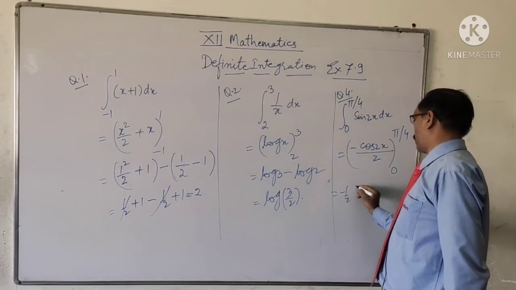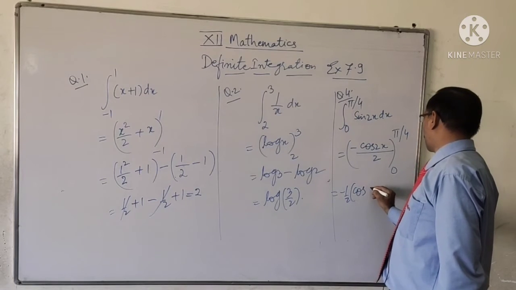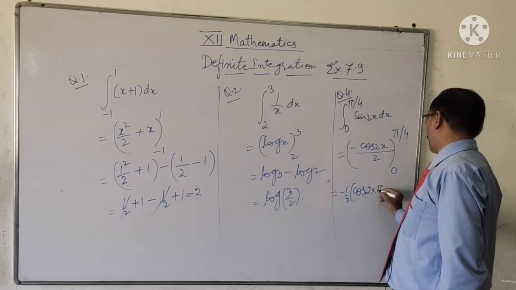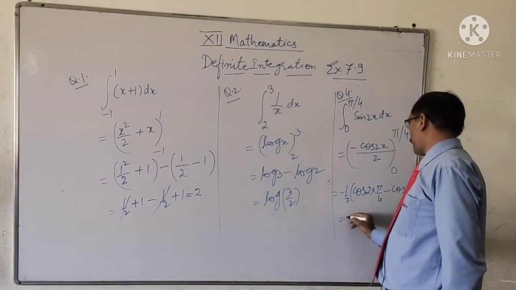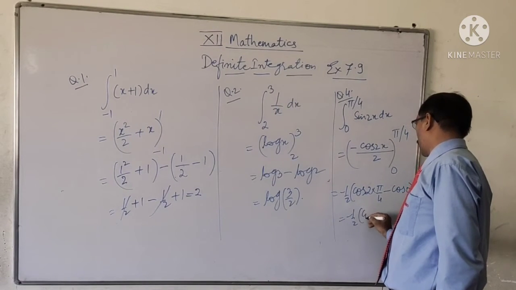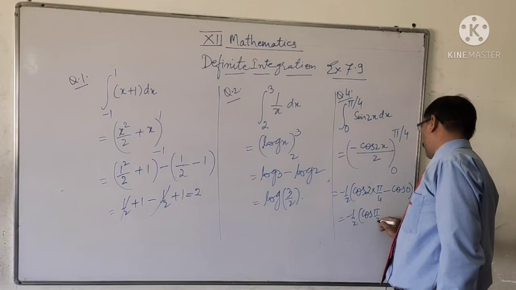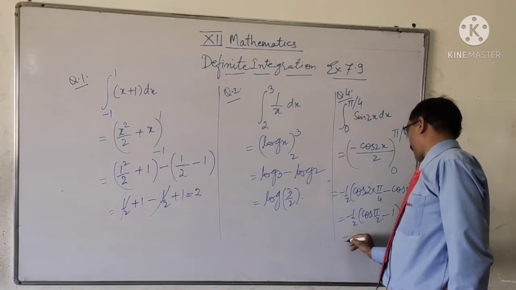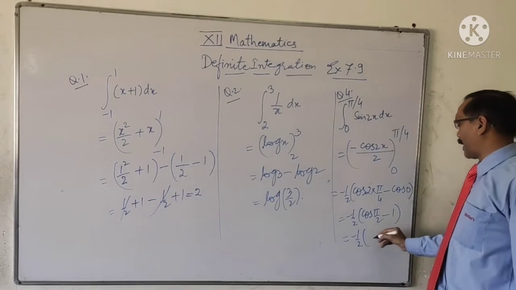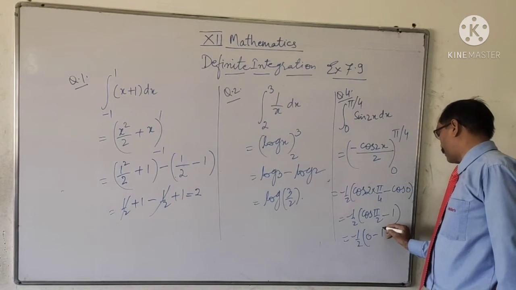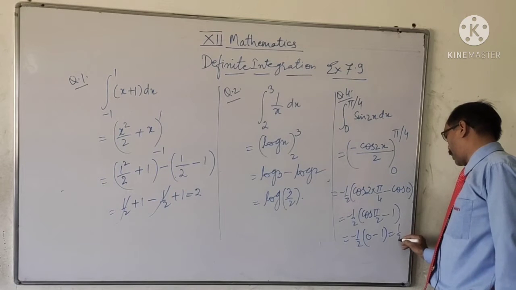Minus 1 upon 2, take common, cos 2 into pi by 4 minus cos 0. It is minus 1 upon 2 times cos of pi by 2 minus cos 0, where cos pi by 2 is 0 and cos 0 is 1, so minus 1 upon 2 times minus 1, and the answer is 1 upon 2.